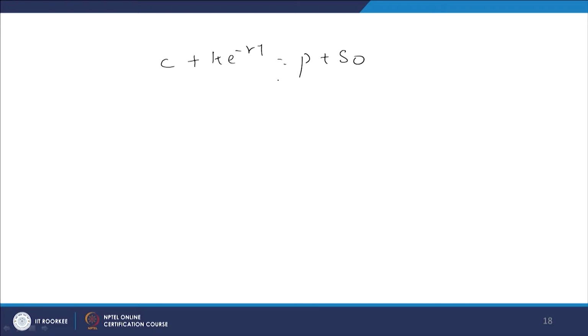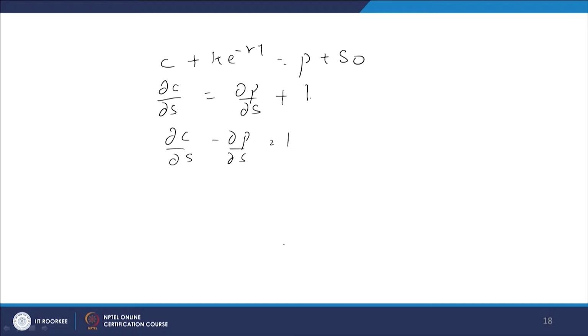If you differentiate with respect to S, the term K e to the power minus rT will contribute 0, so del C by del S is equal to del P by del S plus 1, or del C by del S minus del P by del S is equal to 1.